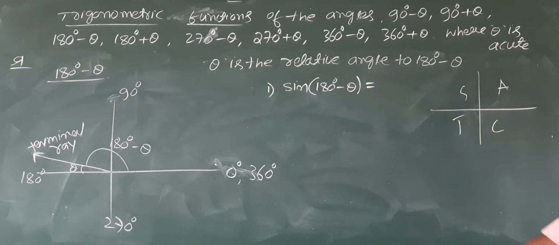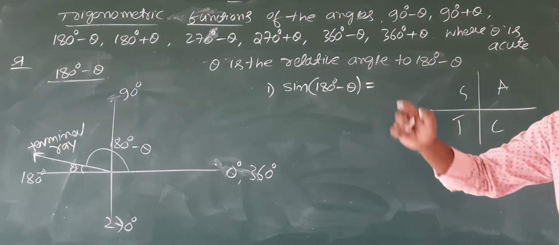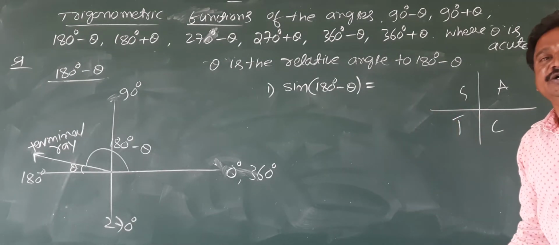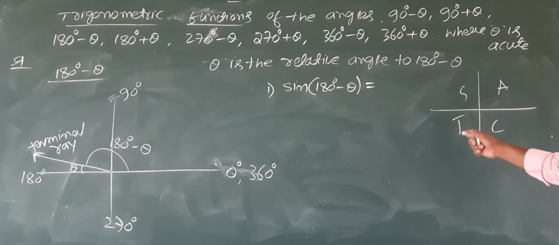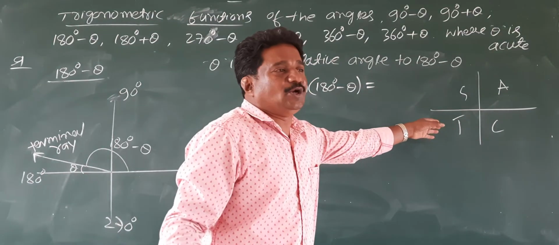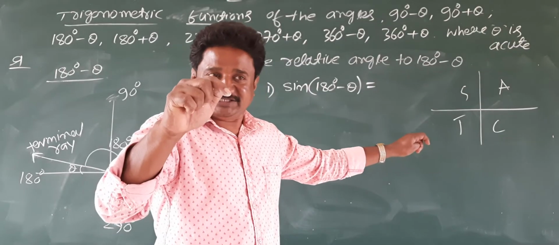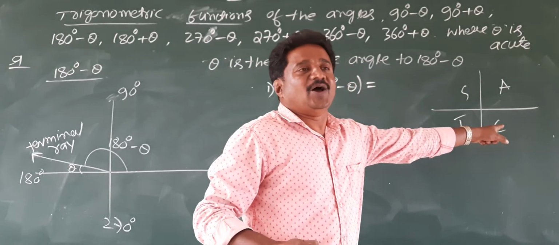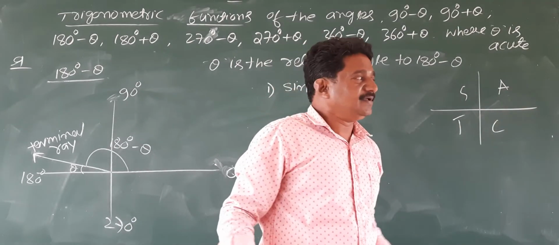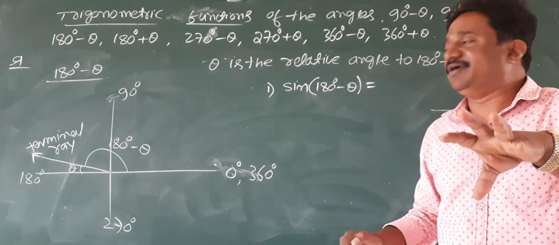In the second quadrant, the sine function and its reciprocal cosec take positive values and other functions take negative values. In the third quadrant, tan and cot take positive values. The other trigonometric ratios take negative values irrespective of angles. In the fourth quadrant, cos and secant take positive values and other functions take negative values.